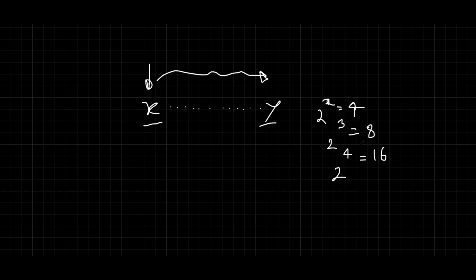Now, this is the range. The first range is 4 to 8, the second range is 8 to 16, the third range is 16 to 32, and the fourth range is 32 to 64, and so on.